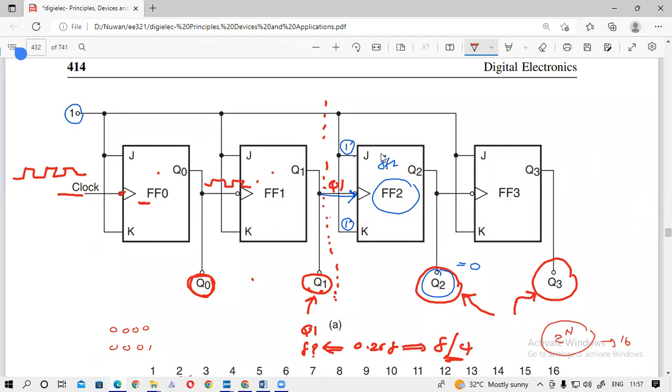So you can see that clock pulses are input serially to the first flip-flop, second flip-flop, third flip-flop, and so on.